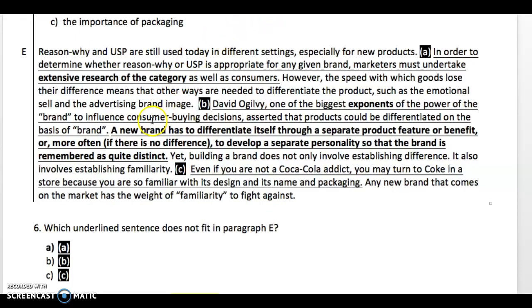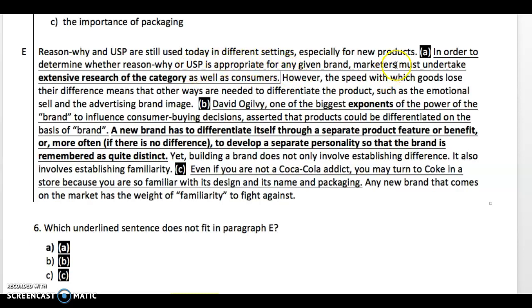Number 6, another easy one, I guess, because the answer is A, and as you see, this is the second sentence of the paragraph, which serves as an introductory sentence. And when you have information in the introduction, then you need to develop it in the following sentences.